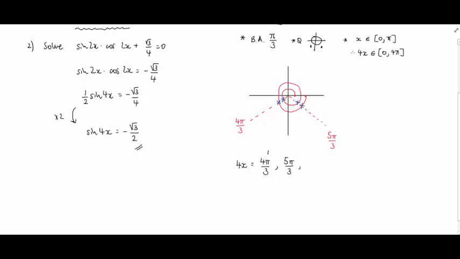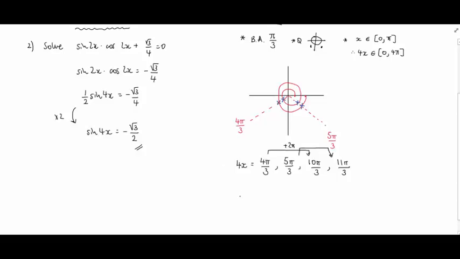If I add on 2 pi, which is 6 pi on 3, I end up with 10 pi on 3. And if we do exactly the same with 5 pi on 3, we add on 2 pi, 6 pi on 3, and end up with 11 pi on 3. And that is all the solutions.